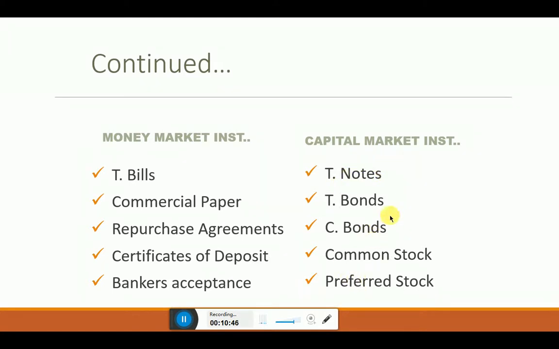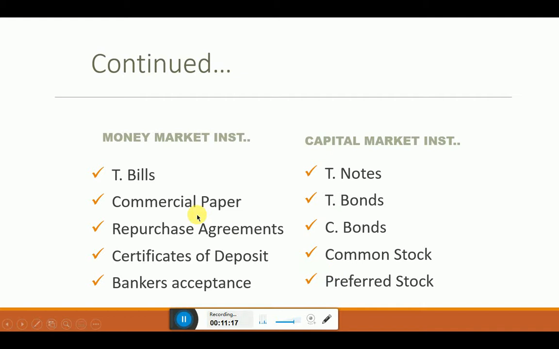Out of these 5, some of them are debt based and some of them are equity based. We'll be discussing them one by one, and we'll see which one is equity and which one is debt. Okay, so here number 1 is treasury notes, treasury bonds, commercial bonds or corporate bonds, and then we have common stock and preferred stock.